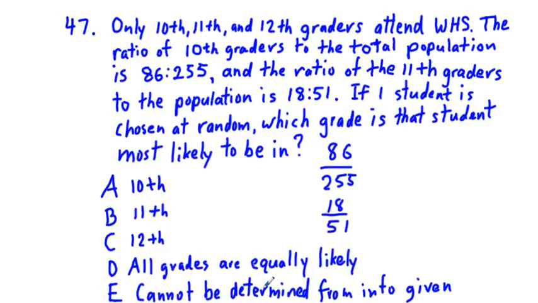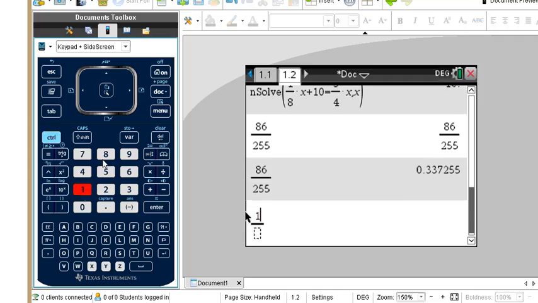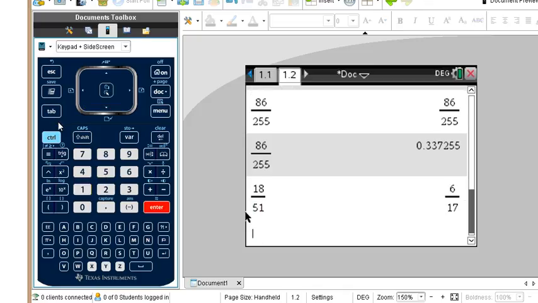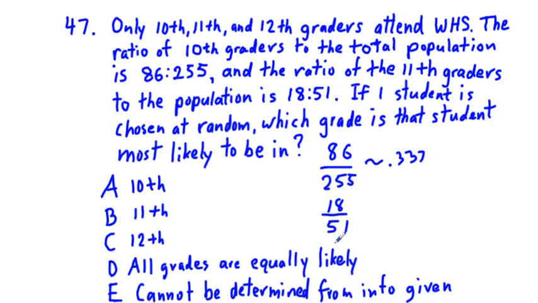So going back here, we say approximately 0.337. For the 18 over 51, we can go back here and put in 18 divided by 51, enter, we get 6/17. It looks like 0.353. So going over here, we say approximately 0.353.